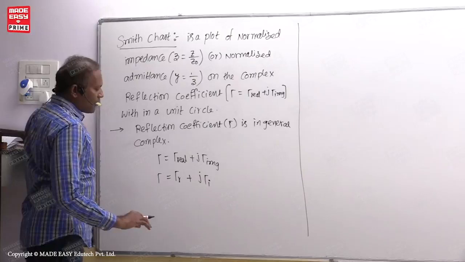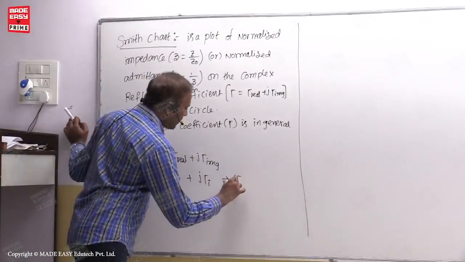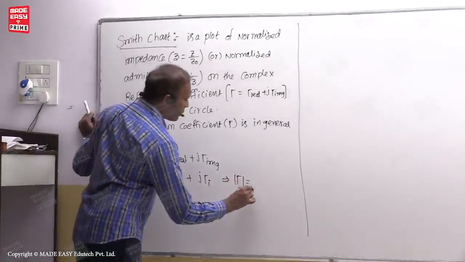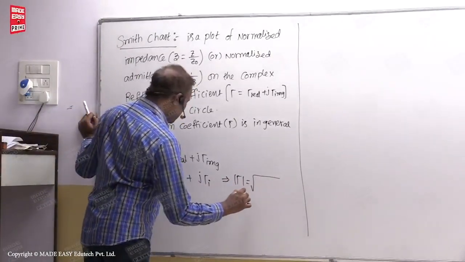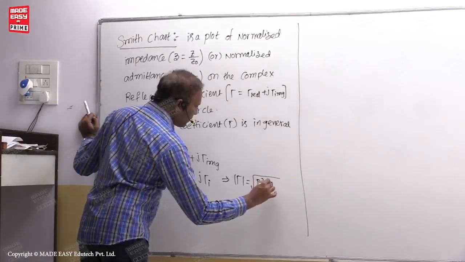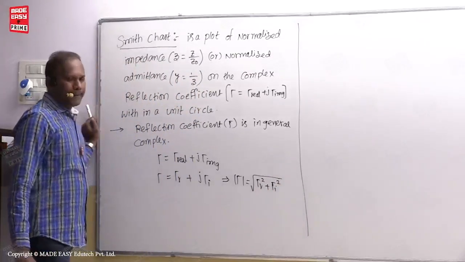So already we have studied that mod gamma means what? What is the magnitude of a complex number? Root of real part square plus imaginary part square.